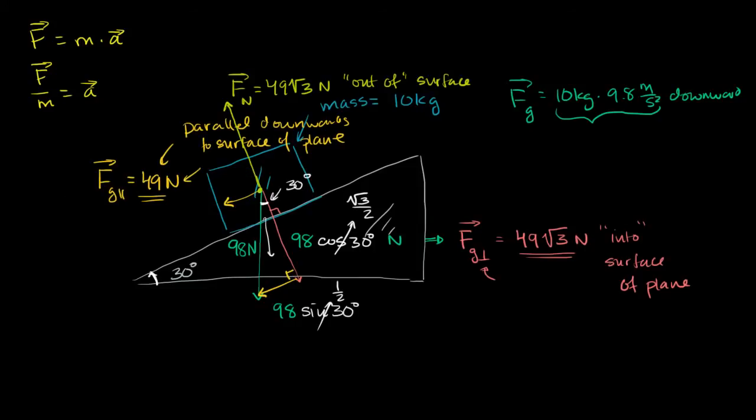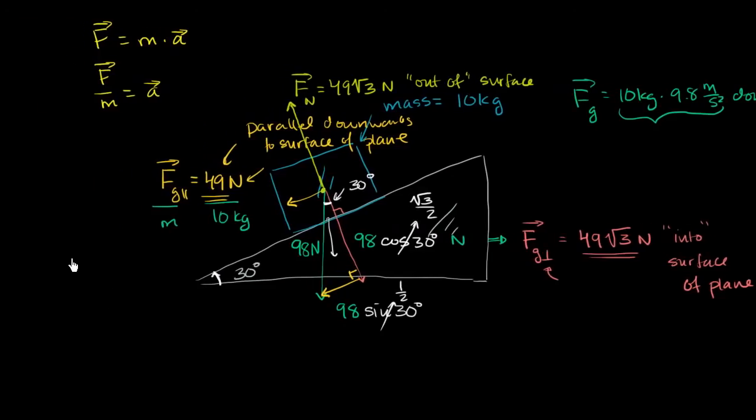If you divide that by mass, that's the same thing as dividing by 10 kilograms, and that will give you our acceleration. So acceleration is 49 newtons divided by 10 kilograms in this direction right over there. And 49 divided by 10 is 4.9, and newtons divided by kilograms is meters per second squared.